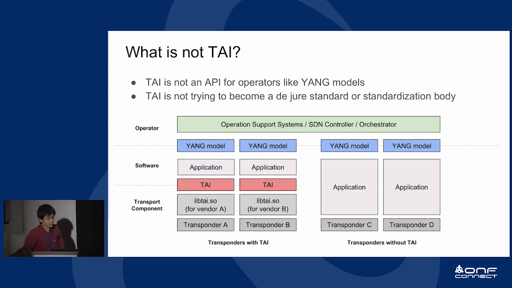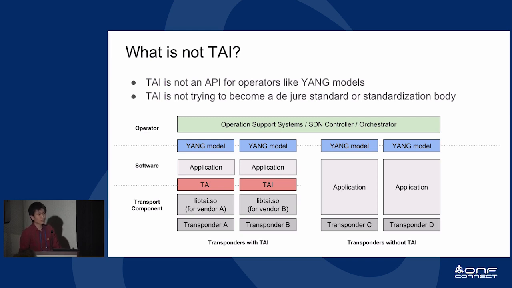So TAI achieves the software and hardware disaggregation, and it enables us to change from the aggregated way on the right side to the disaggregated way on the left side to develop transponders.